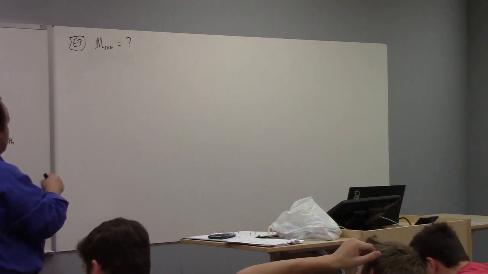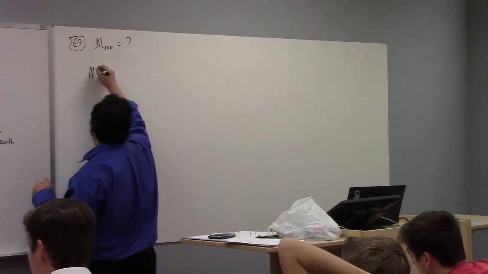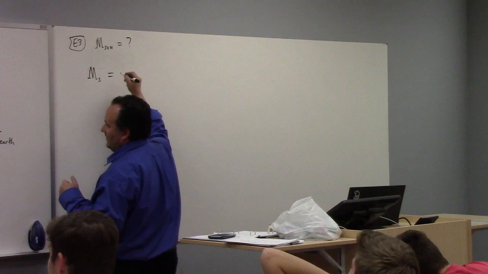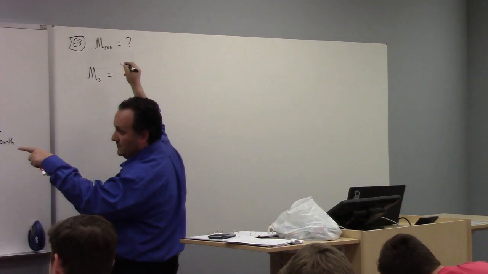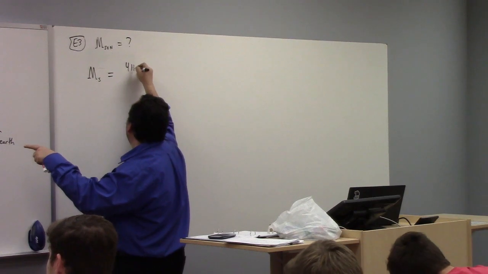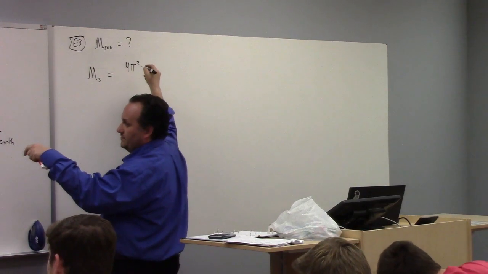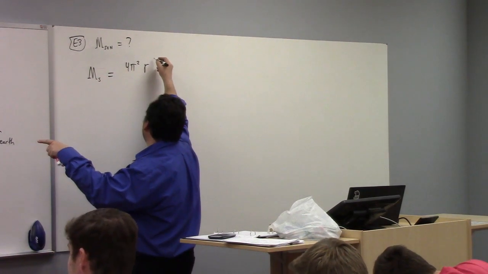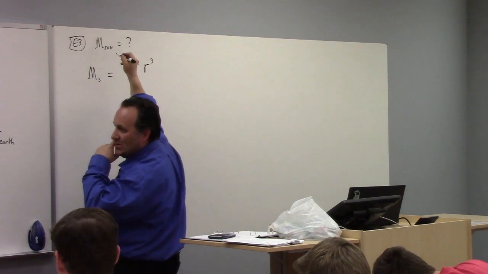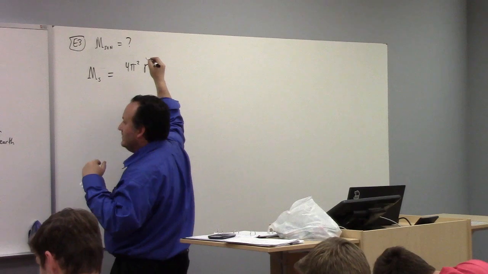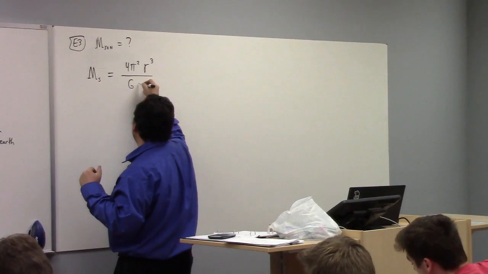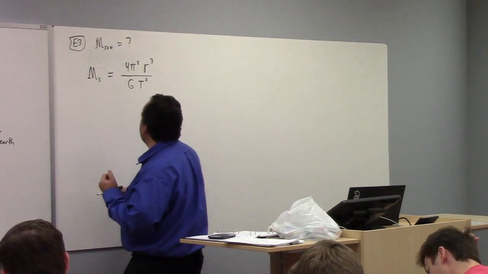What's it equal to? We're going to need to look up something in a second, but the mass of the sun should be equal to 4 pi squared times the radius of the Earth's orbit around the sun cubed, divided by what? G times T squared, right?